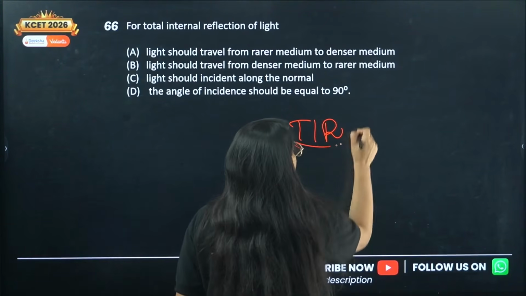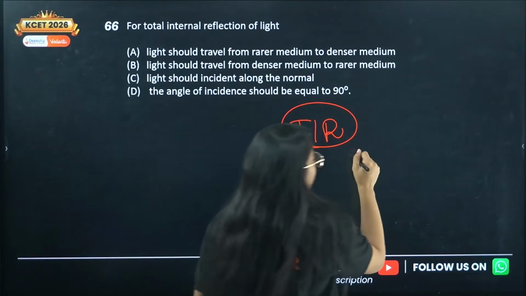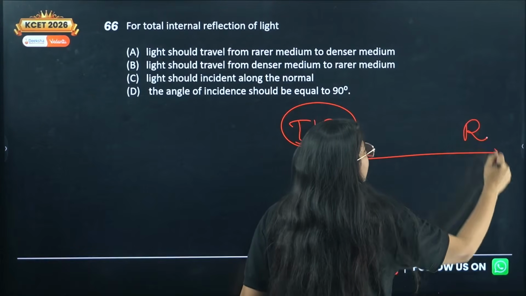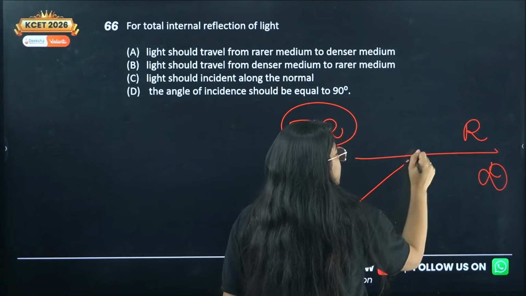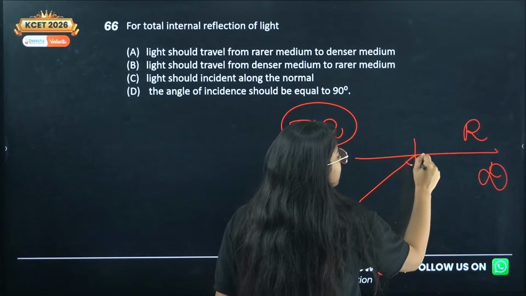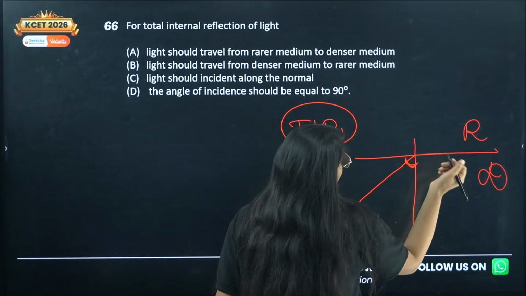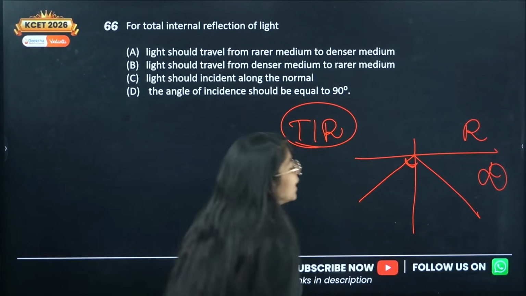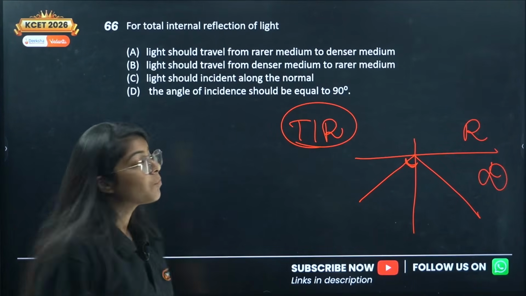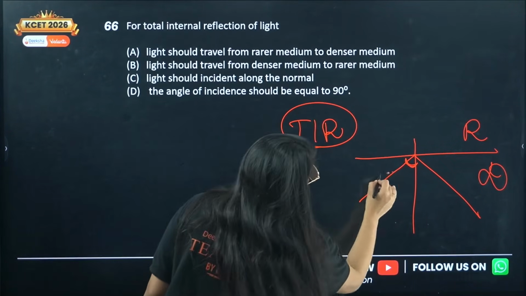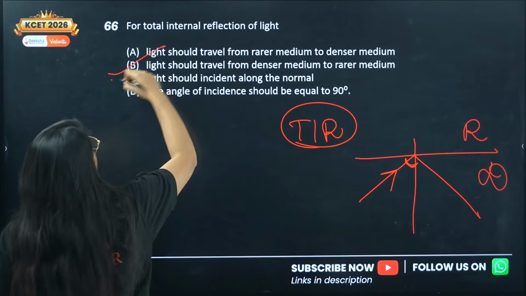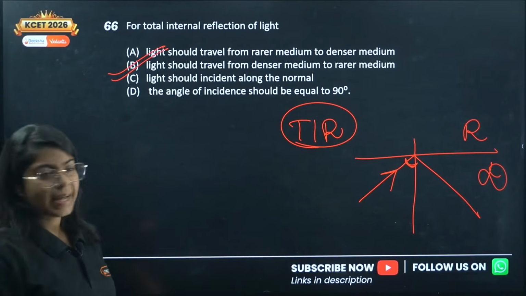So if this is rarer, this is denser, this is my critical angle. If it is greater than the critical angle, it will get totally internally reflected. So the light should travel from denser to rarer. That is option B. Correct?